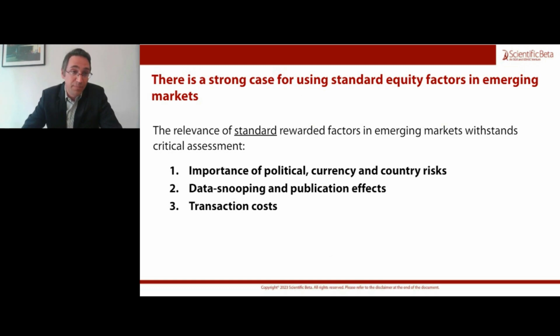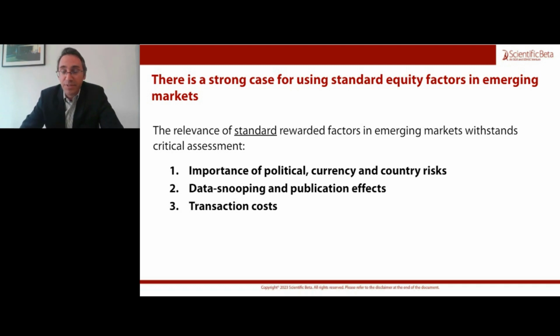But of course, you could be a bit critical about this, and you could object that, well, clearly there are important differences between emerging and developed markets, and so you might think it's a bit odd that these differences don't show up in terms of which factors are priced.